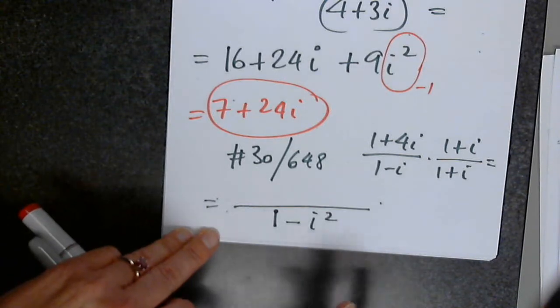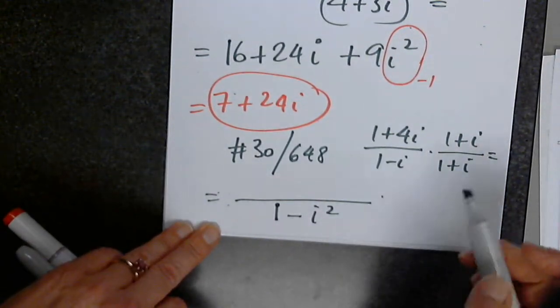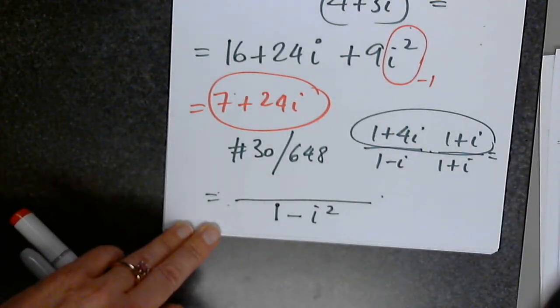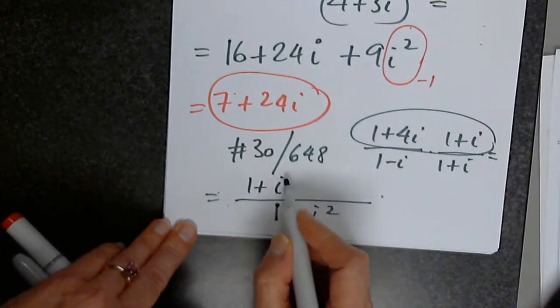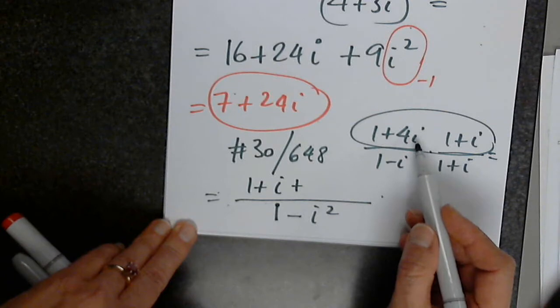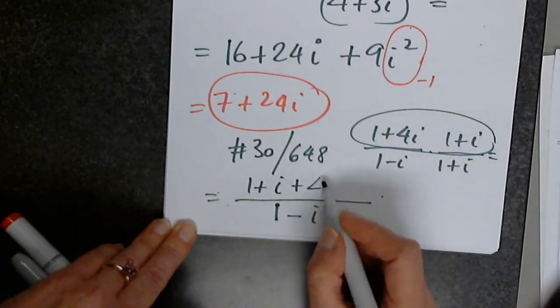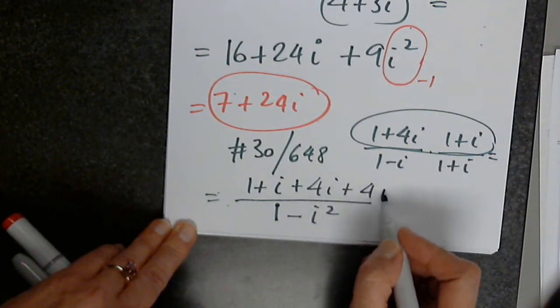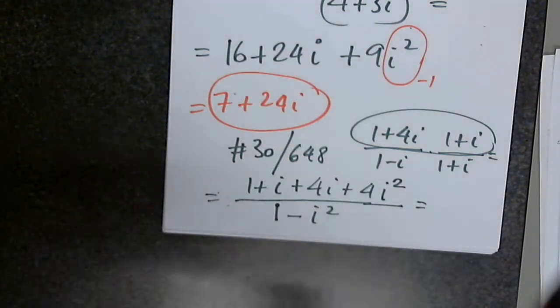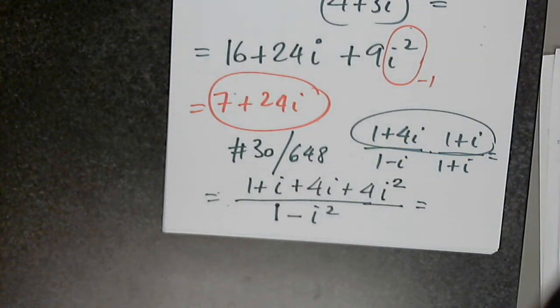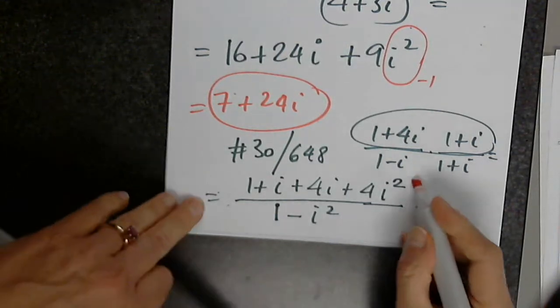Good. I'll come back to it and replace i squared in a minute. But at the top, I have to distribute. 1 to 1 plus i. 1 plus i plus 4i to 1 plus i. So 4i plus 4i squared. Now I will replace i squared by negative 1.